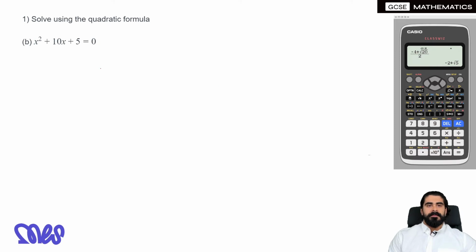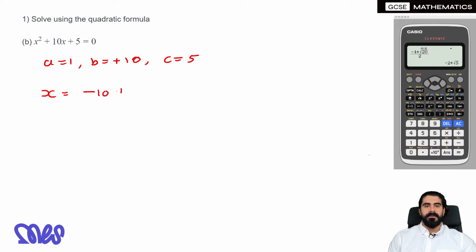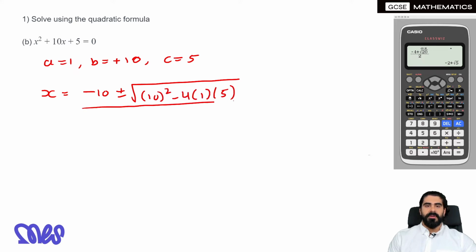Part B. So here we've got a equals 1, b equals plus 10, and c equals 5. So x equals negative b plus or minus the square root of b squared minus 4ac all over 2a.